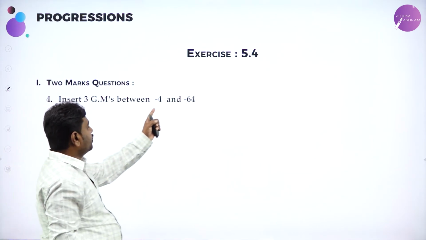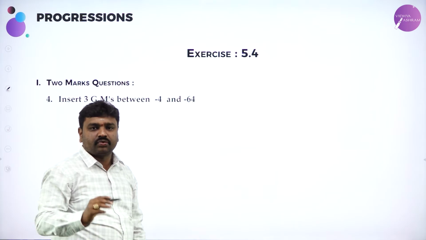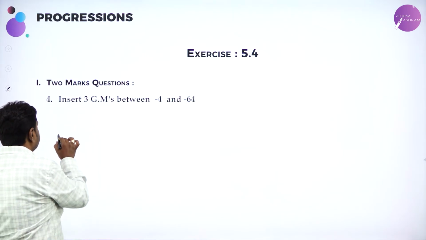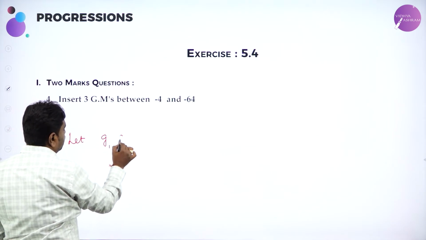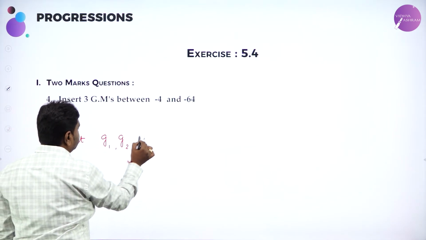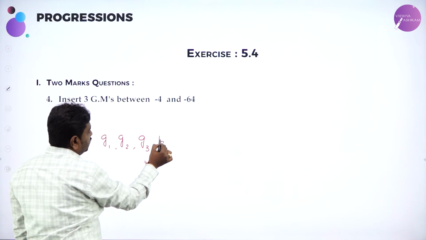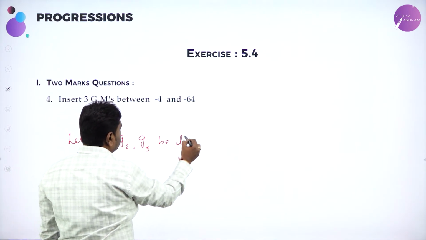Insert 3 geometric means between minus 4 and minus 64. Same method. So first we'll take, let G1, G2, G3 be the 3 geometric means.